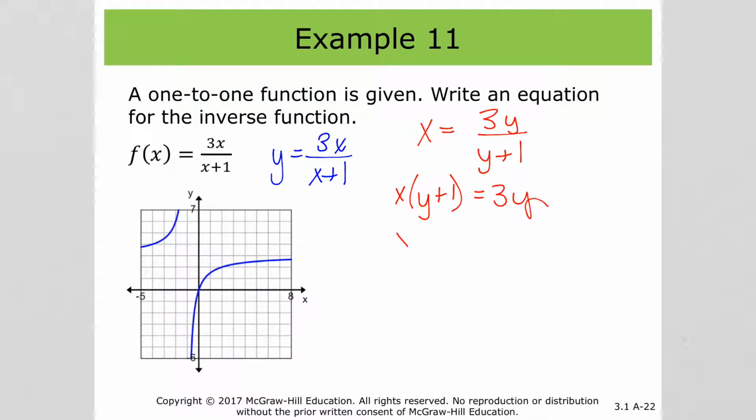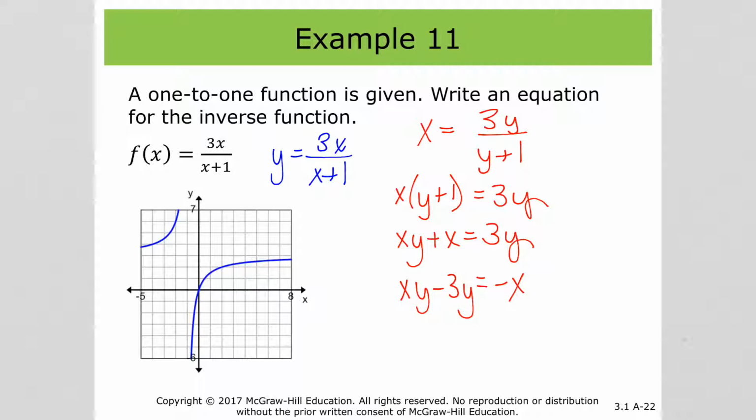Okay? And go ahead and distribute the x. And what we need to do here to solve for y is to get the y's on one side. So I'm going to start by subtracting 3y from both sides. And at the same time, I'm going to go ahead and subtract this x here from both sides.